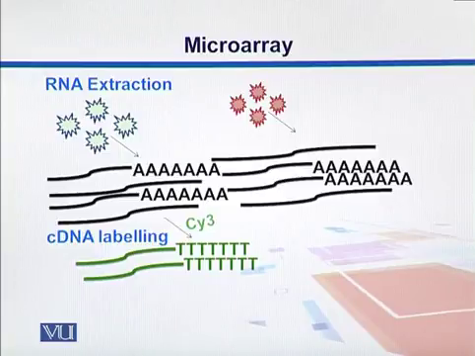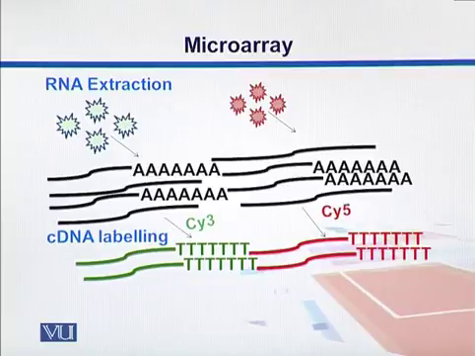When we convert them into the cDNAs, these tails become poly-Ts, and we take one sample, the green one. The green is just a cell color over here, just for elaboration. We take this one and we put a dye, Cy3. Cy3 gives it a green color, and then Cy5 is transferred onto the other messenger RNA. That is a dye which gives a red color. Whenever we pass a laser through them, we will get a red and a green color pattern.